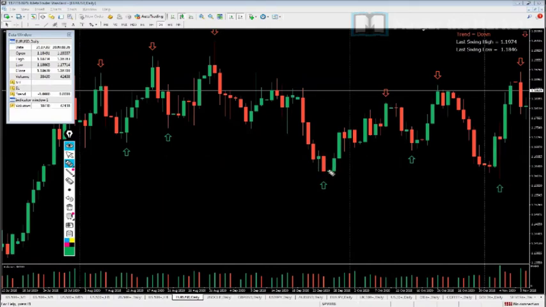So looking at this swing low, we have a swing high, we have a higher low, we have a higher high, and then we have a swing low that takes out the previous two levels.